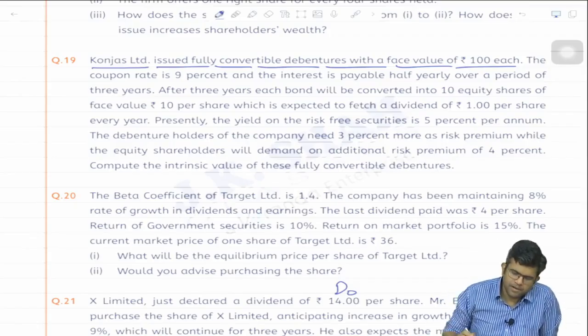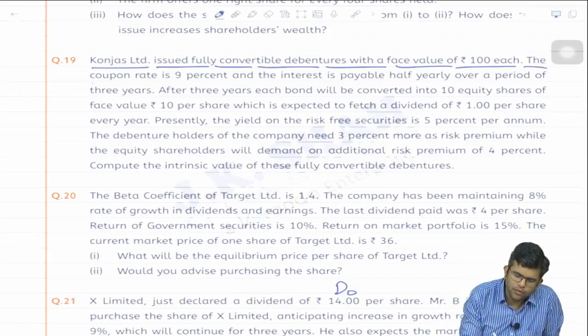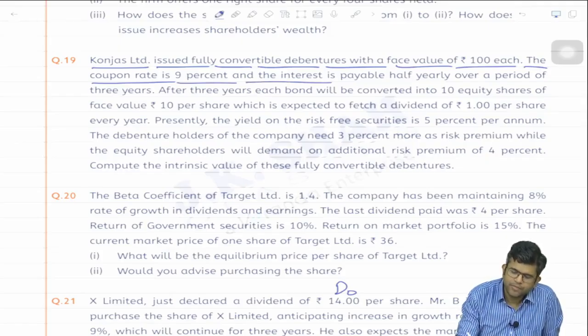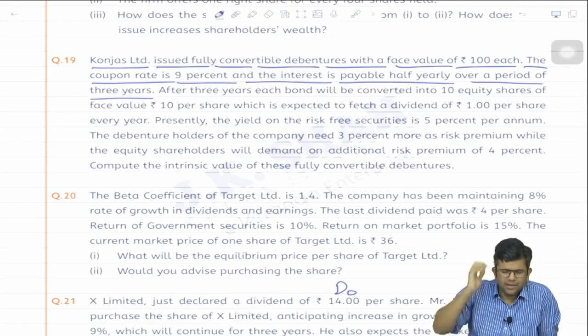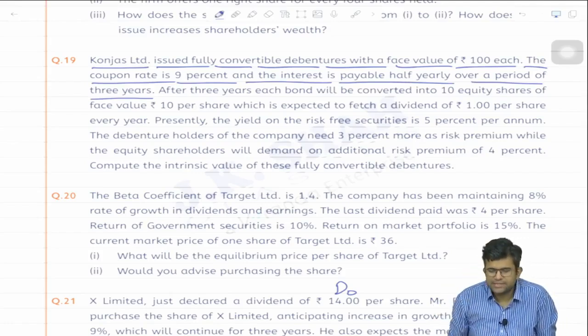Now, the coupon rate is 9% and interest is payable half yearly over a period of 3 years. Okay. 3 years means, can I say 6 periods?